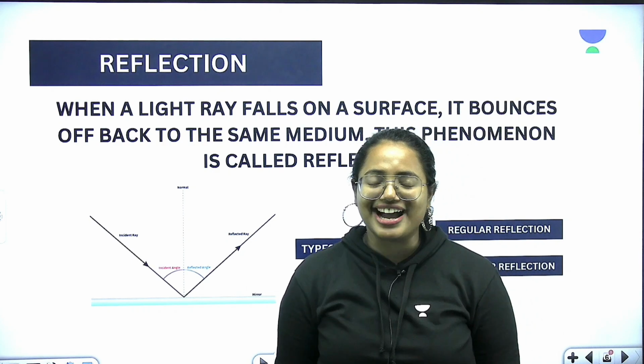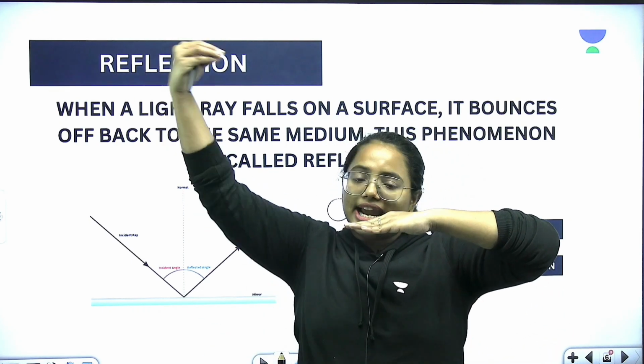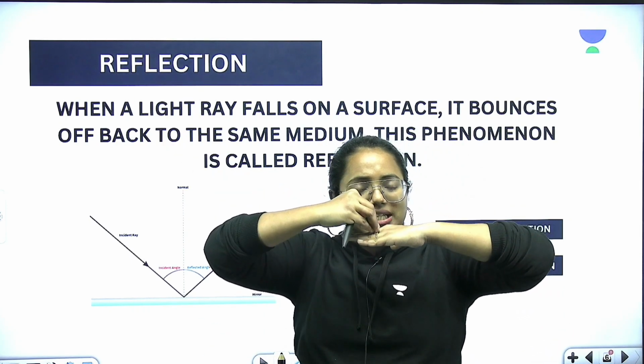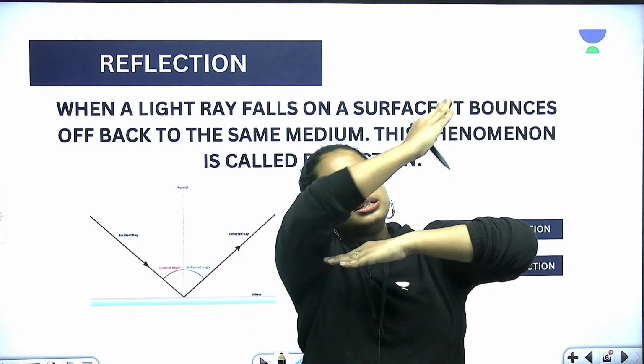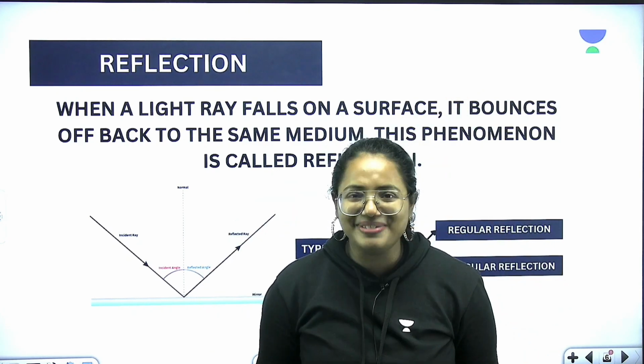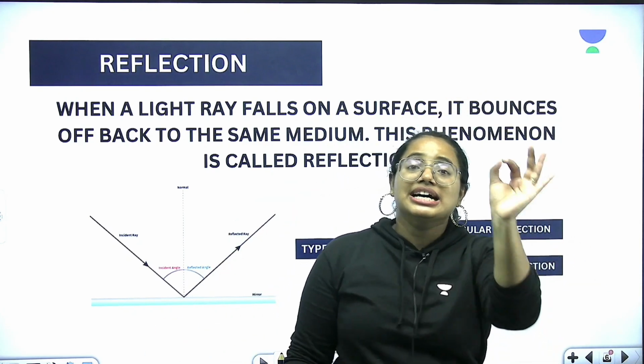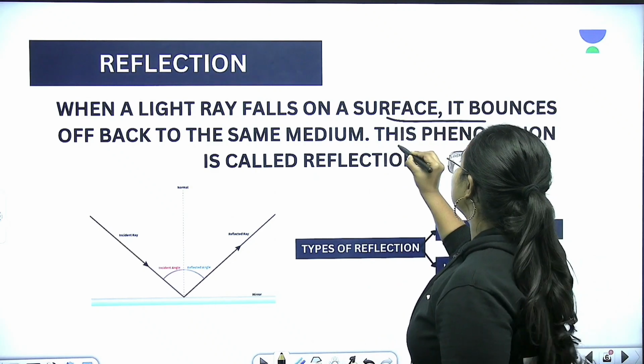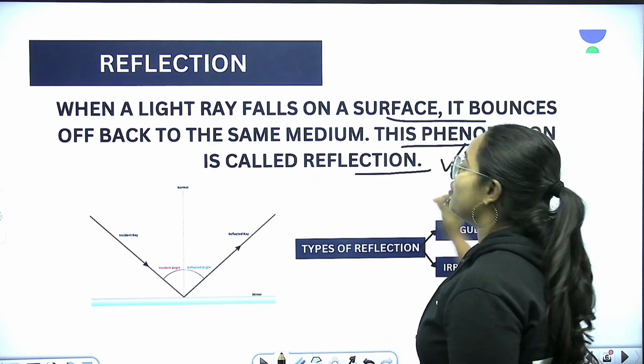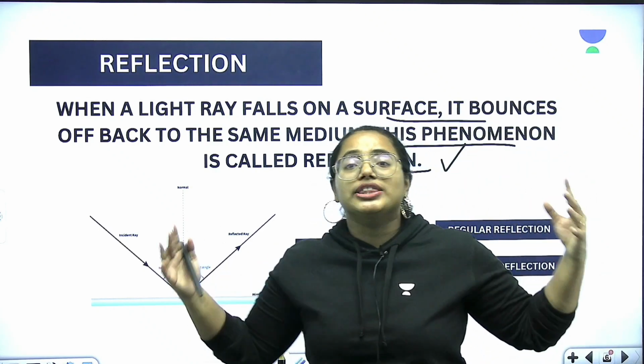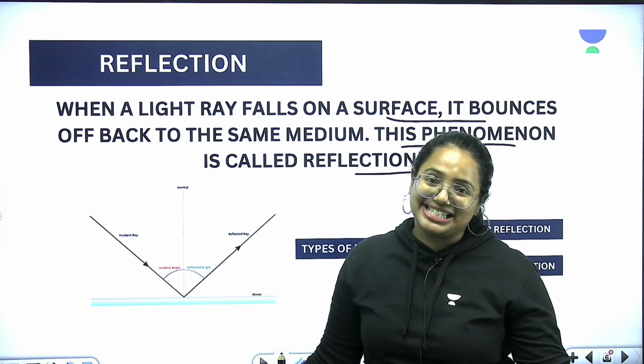That's an amazing thing, right? The light ray falls onto the surface, and once it strikes, it bounces off back to the same medium, and this is called reflection. You have to be very clear about this phenomenon. Why? Because without reflection, nothing can be seen.